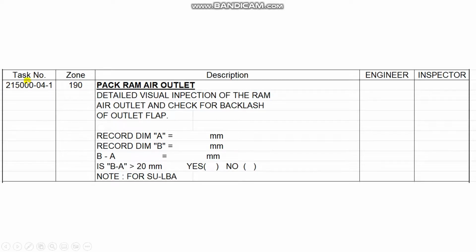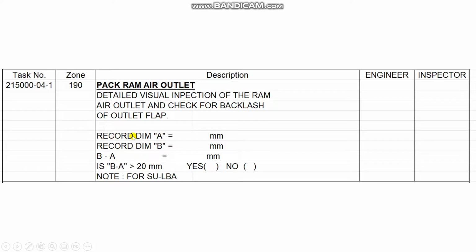Here, the task number from the maintenance program, the zone and area. Here, the description of the task: detailed visual inspection of the ram air outlet, and take care here, check for backlash of the outlet flap.